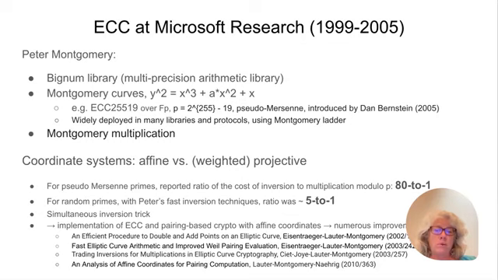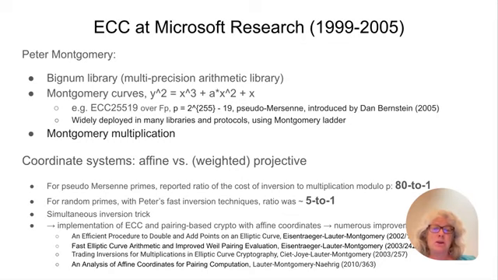And once it was deployed in Windows, it was easy to get it spread both to other products such as the Windows CE operating system and throughout the industry. So the crypto API was replaced by the CNG, which was released in 2005.